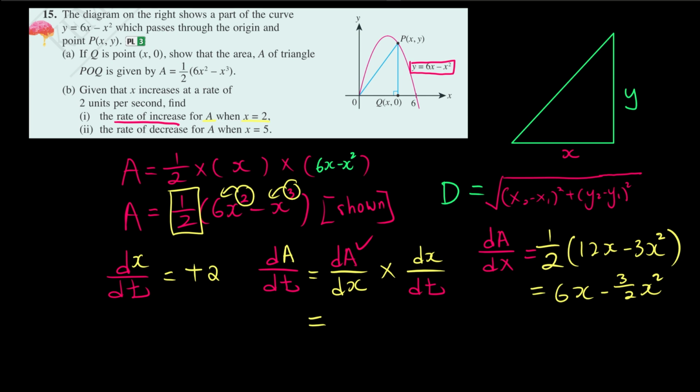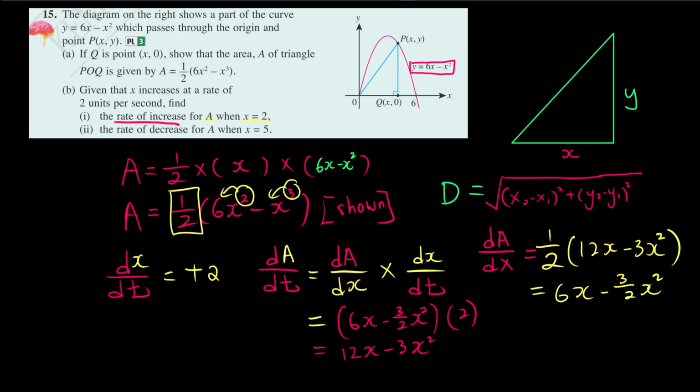Now we're going to look at dx over dt. They are good enough to tell us that it's always 2. So now we have 6x minus 3 over 2x squared times 2. So this is why we have 12x minus 3 over 2 times 2, which is 3x squared. So we found our dA over dt is eventually 12x minus 3x squared.